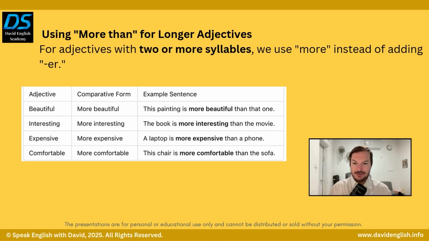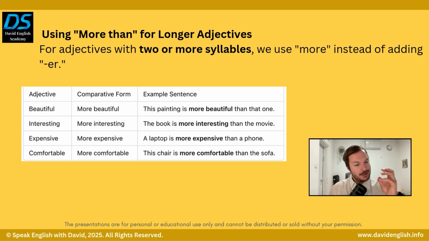And using more than for longer adjectives. For adjectives with two or more syllables, we use more instead of adding -er. Example with the adjective beautiful, it becomes more beautiful. Example sentence: this painting is more beautiful than that one.